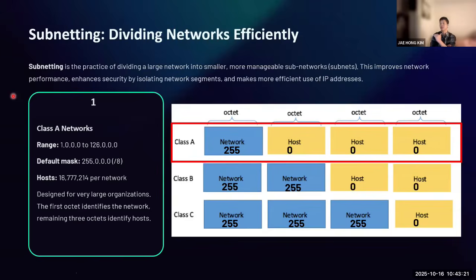Basically, at a high level, we can consider Class A, Class B, and Class C. Class A is for very large organizations. The range is from 1.0.0.0 to 126.0.0.0, and the subnet mask here is 255.0.0.0.